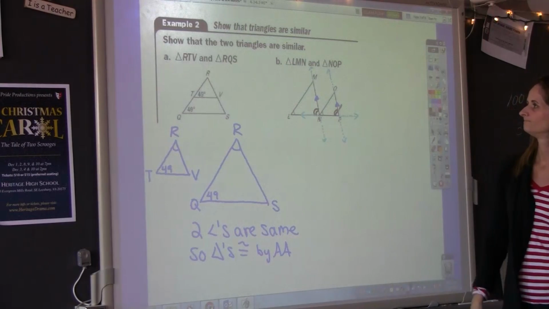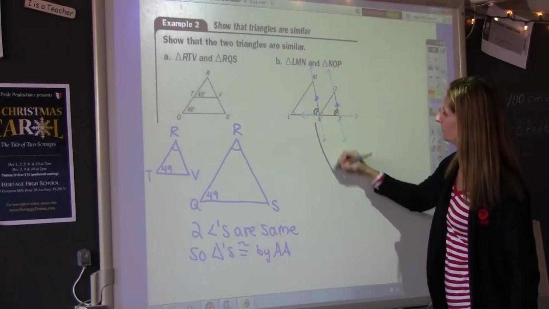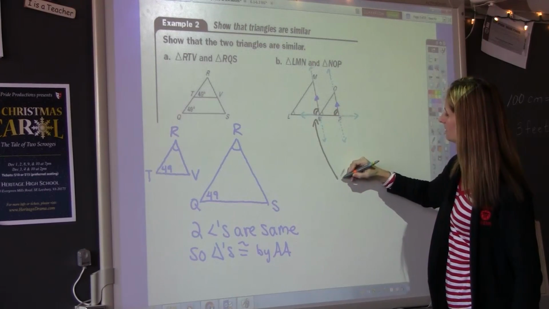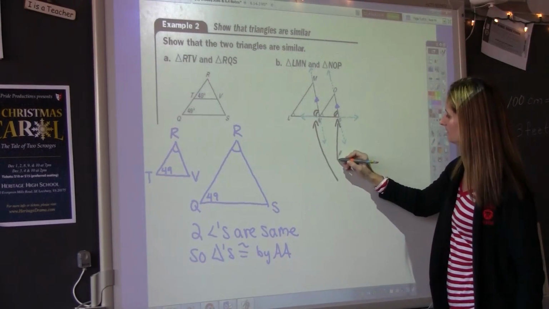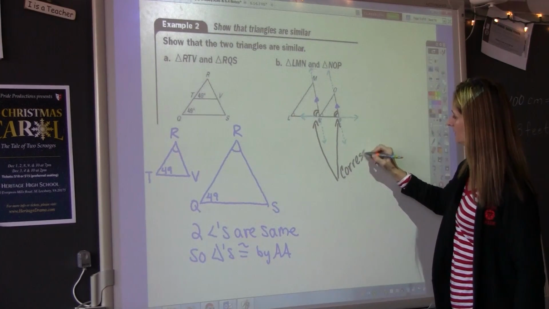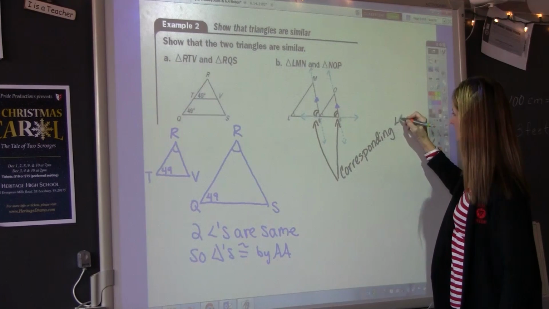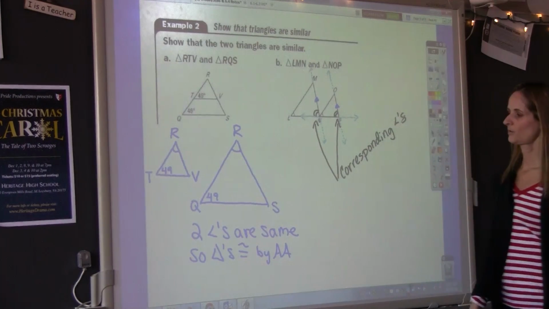Angle, angle. I'm just going to put a little arrow here. Corresponding angles.